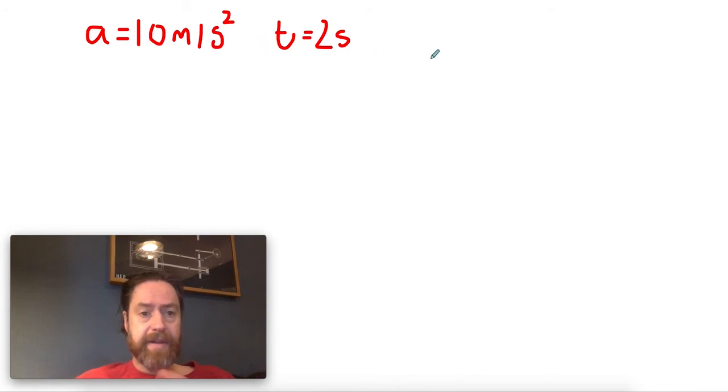Okay, and someone asked you, well, what was the change in velocity if it accelerated at 10 meters per second squared for 2 seconds? So for the change in velocity, I'm just going to put v down. I could put delta v. I'm going to put a question mark.